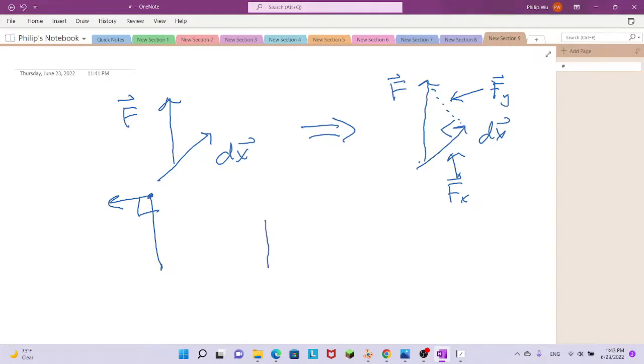For example, if this is our object, and we exert some force on it, and this force always stays perpendicular to the object's velocity, what will happen?